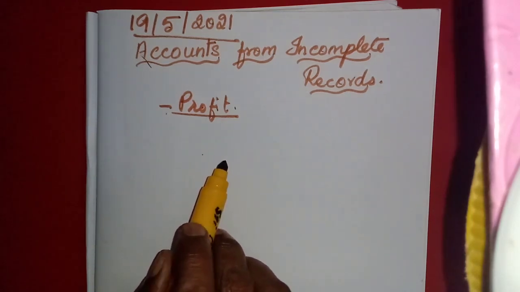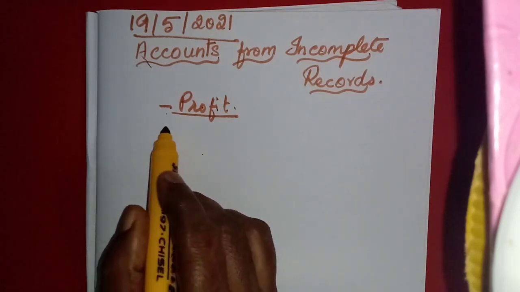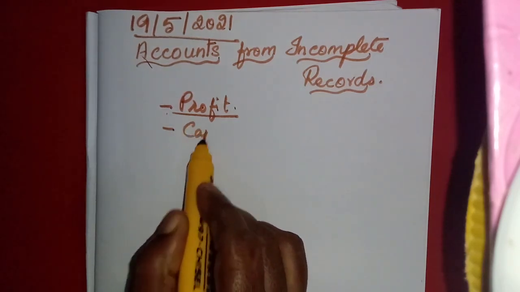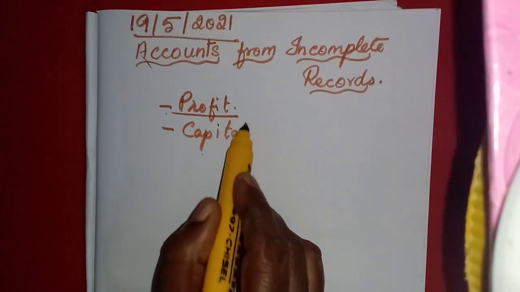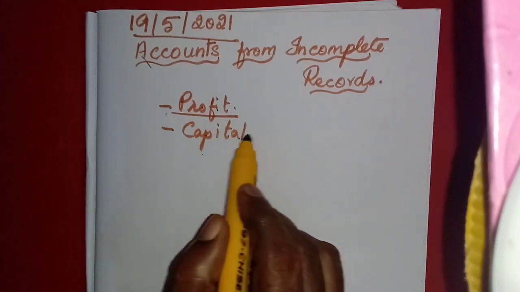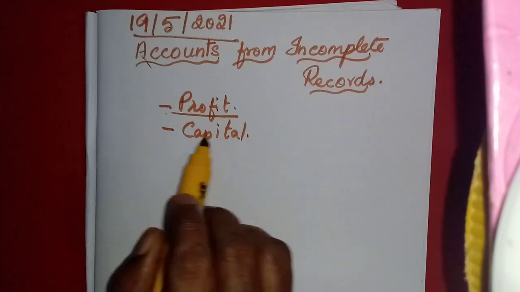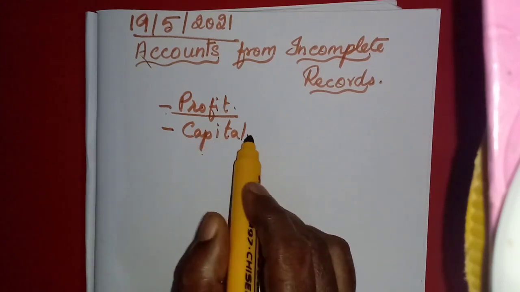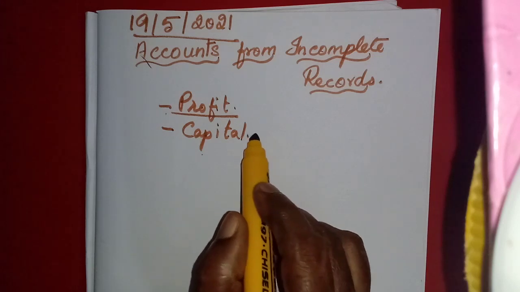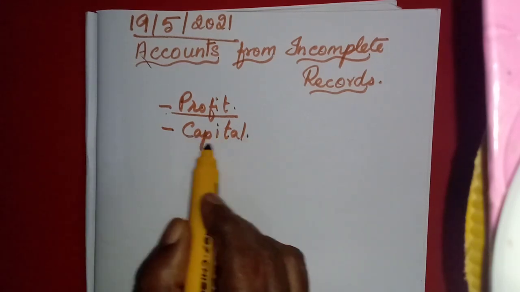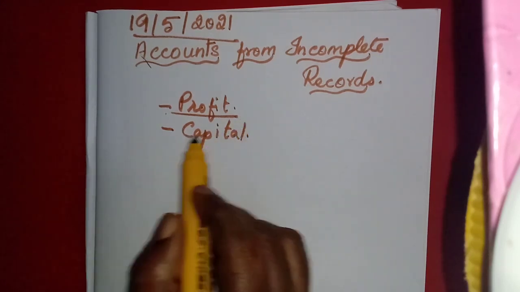Okay, that one they will compare, because they invest capital, isn't it? So just imagine we are investing capital, so that is our amount invested in the business, isn't it? That is investment capital. Okay, this capital is called the opening capital.